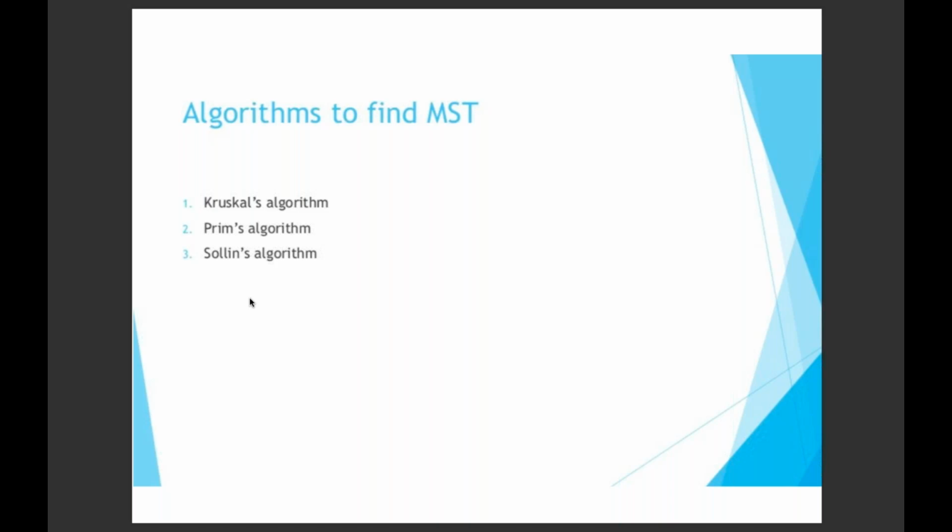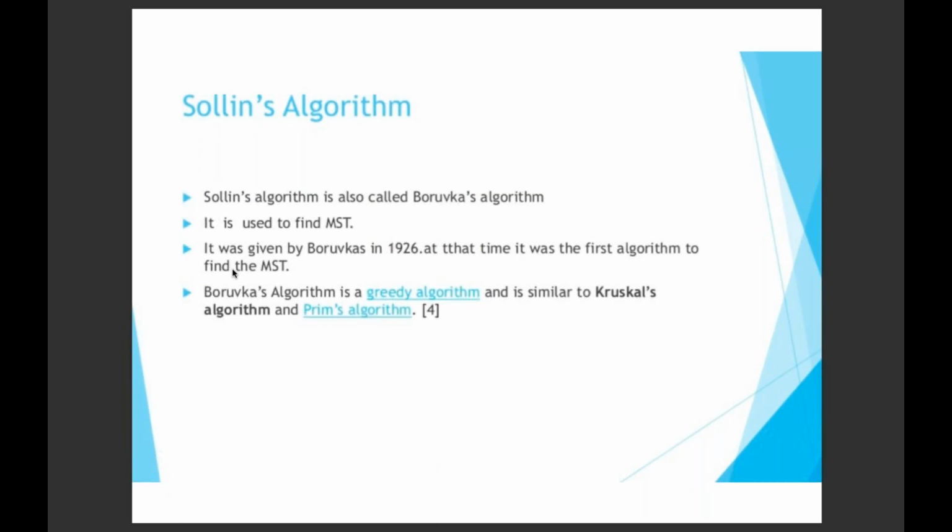But at the same time, of these three algorithms, we're going to begin with Sollin's today. Sollin's algorithm is going to be one of the easiest implementations out of these three to begin with. Sollin's algorithm is also known as Borůvka's algorithm. It is used to find the minimum spanning tree.